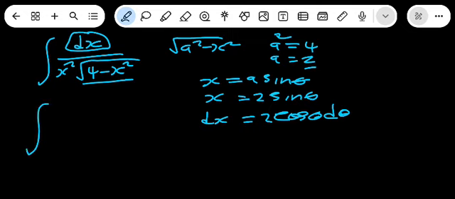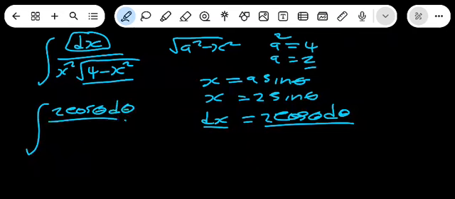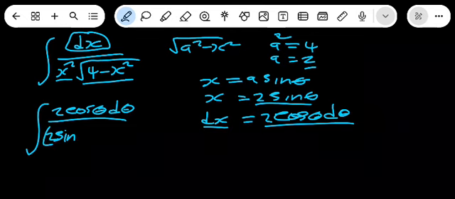This integral, dx, will be equal to 2 cos theta d theta. Then we have x squared, put the parentheses, 2 sine theta raised to the power of 2.